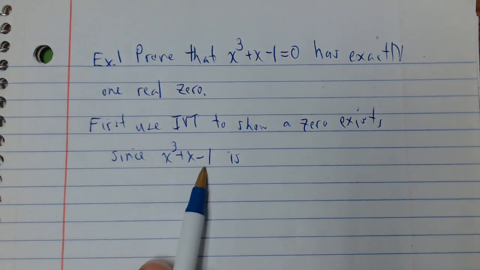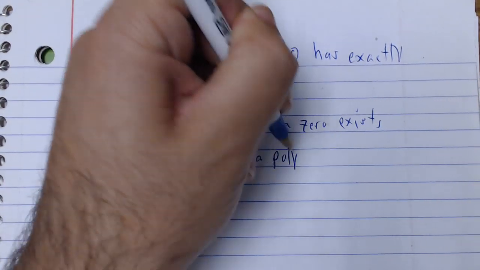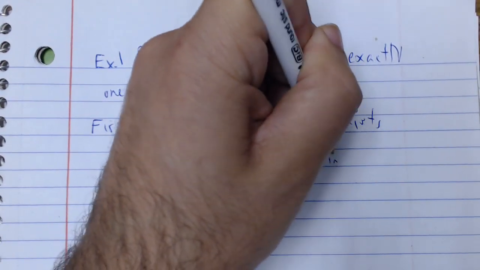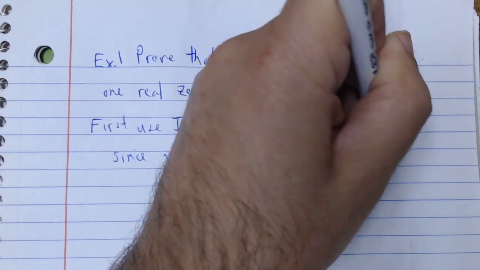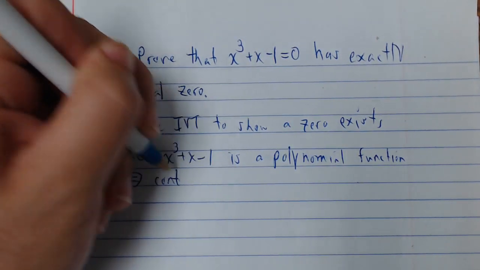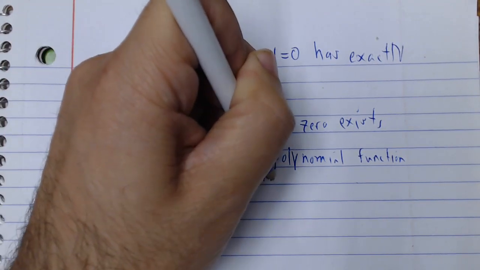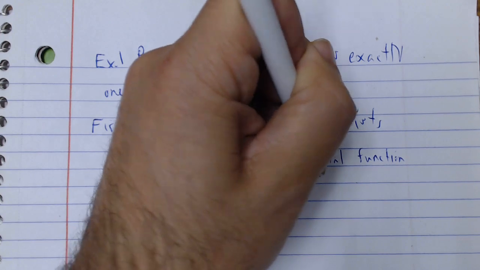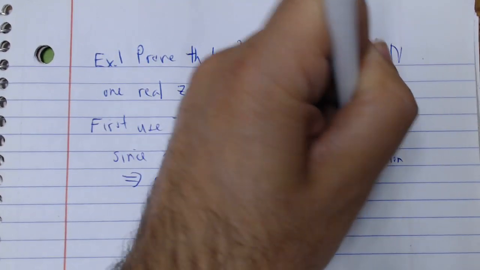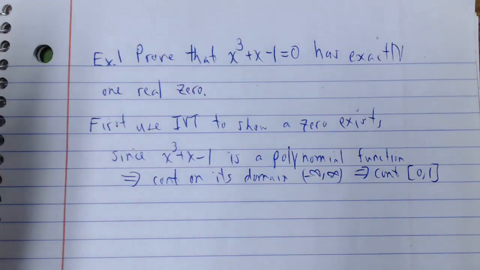So we could say since x cubed plus x minus 1 is a polynomial function, this implies it's continuous on its domain, which is all reals, which also implies it's continuous on the closed interval from 0 to 1. Okay?